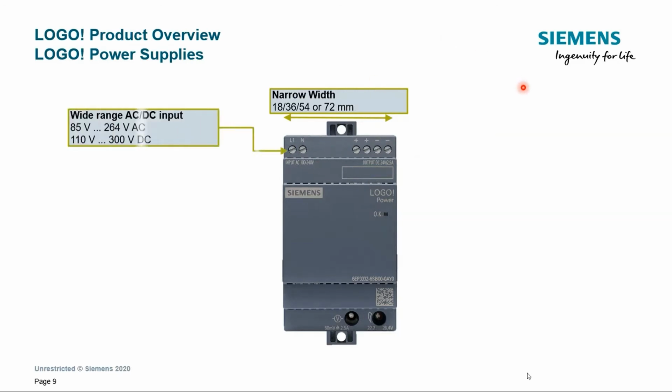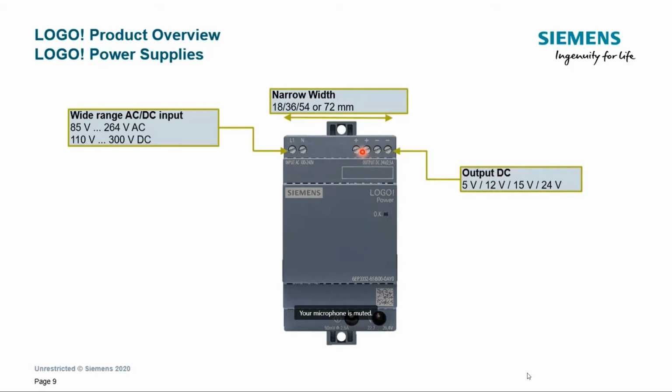Here you can see the connectivity of the AC, and even though it's supposed to be a basic power supply, it has a lot of nice features like a wide range AC or DC input. So irrespective of what is the supply, whether it is DC, AC, 110 or 230, the power supply would work. This, of course, makes it easier to keep stock.